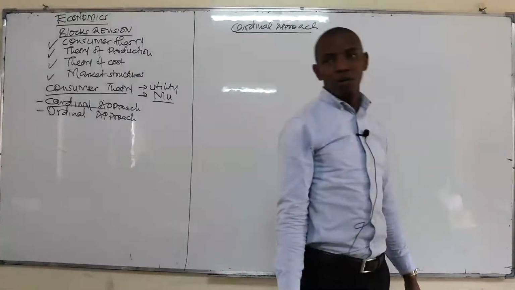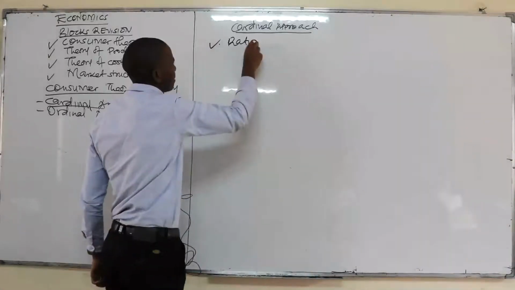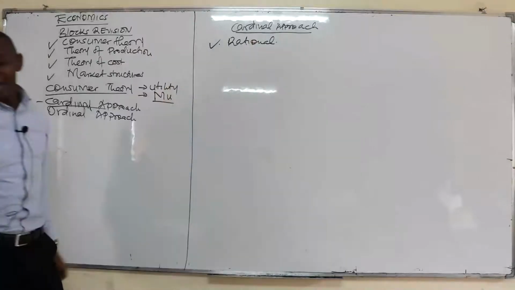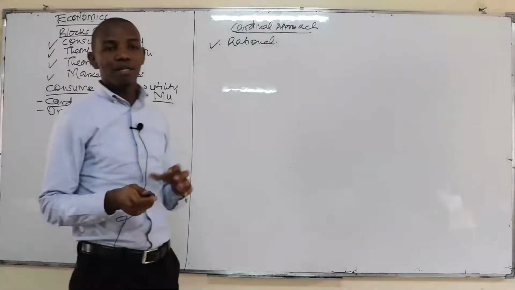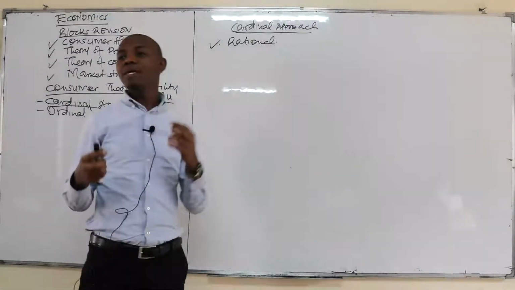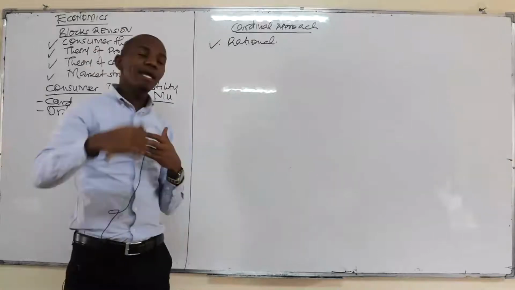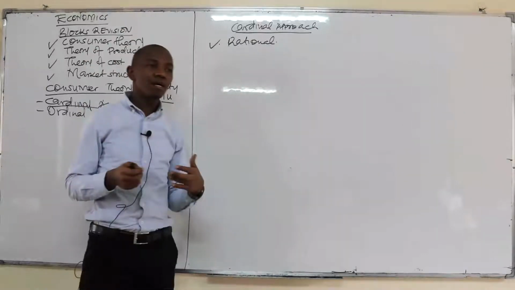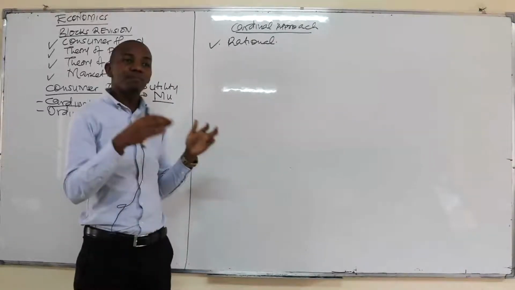Number one, it assumes that the consumer is rational. The consumer is rational in the sense that he is aiming at maximizing utility constrained by his level of income. Ajui kama pesa pia, his income is also a constraint in maximizing his utility. That is what we mean when we talk about the consumer being rational.